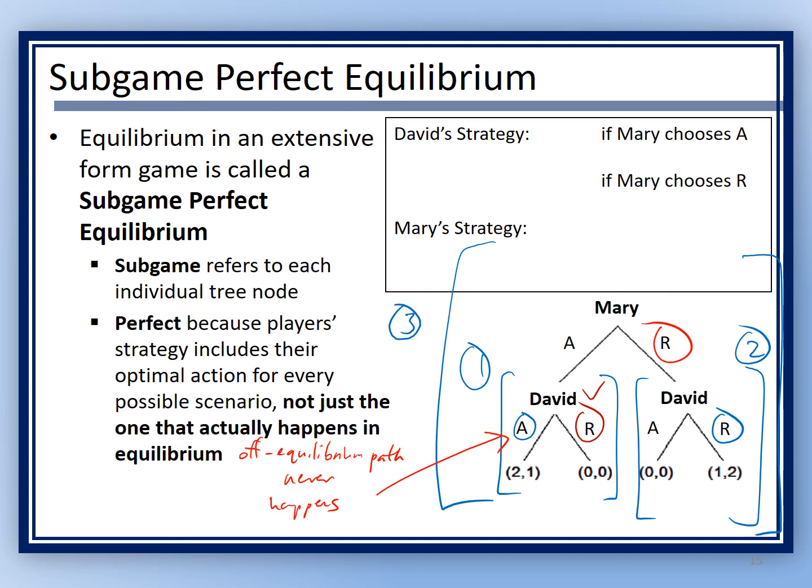David's strategy depends on Mary's strategy, right? So David's strategy depends on what Mary does. If Mary chooses action, David chooses action. If Mary chooses romance, David chooses romance. And Mary's strategy is very simple: always choose romance.